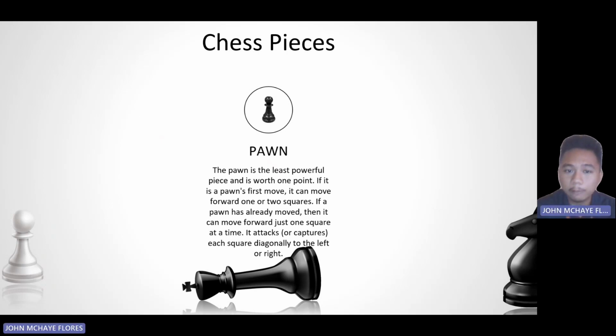Pawn is the least powerful piece and is worth 1 point. If it is a pawn's first move, it can move forward 1 or 2 squares. If a pawn has already moved, then it can move forward just 1 square at a time. It attacks or captures each square diagonally to the left or right.